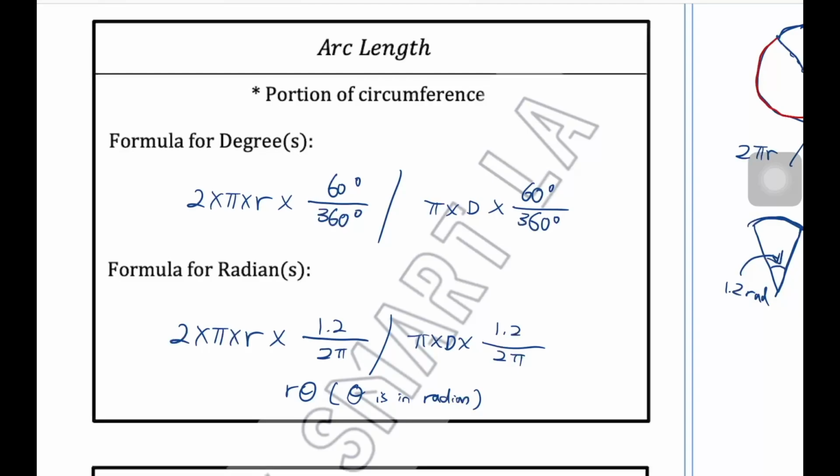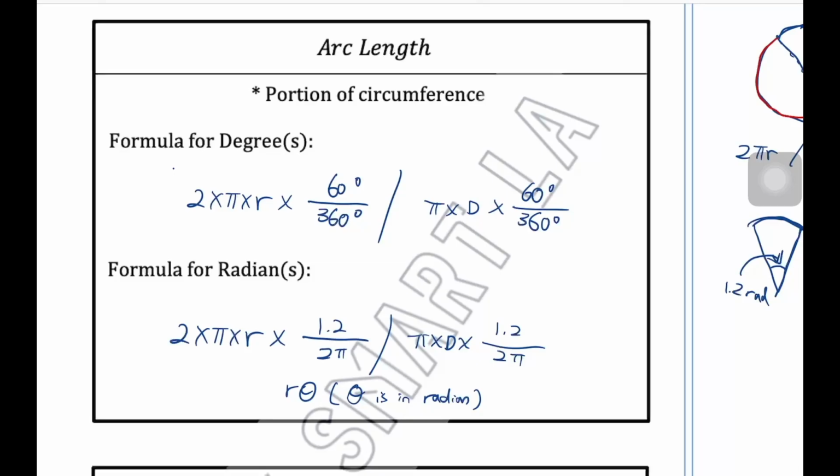If your angle is in degree, you will not be able to use r theta. This may cause problems for students who just memorize arc length is r theta and use it regardless of whether the angle is in degree or radian. The proof I showed you works for the radian formula but doesn't work for the degree one, so it cannot be used for the degree one.